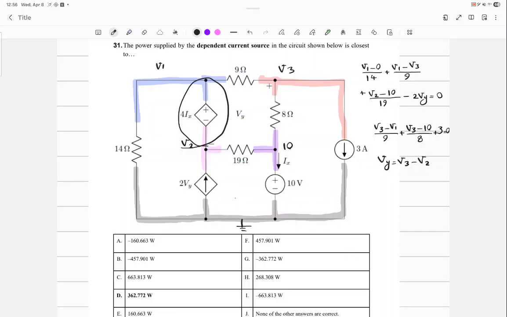What else? 3 equations, 4 unknowns. 4ix is V1 minus V2. You add 1 equation, but you also add 1 unknown. What else?